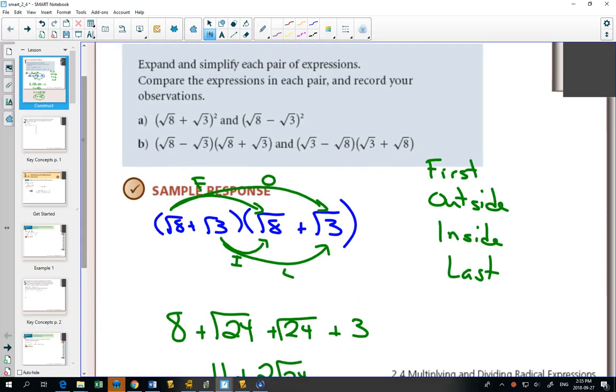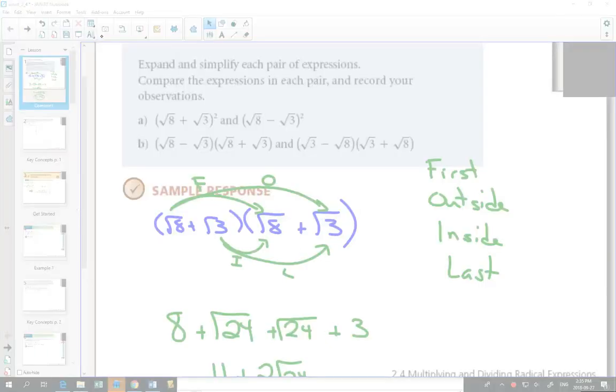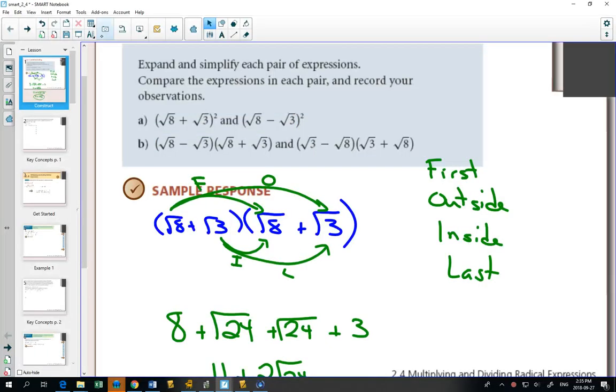You could do the same thing for the second one. I'll only do one of those. But now, we're going to do one of these in B as well.